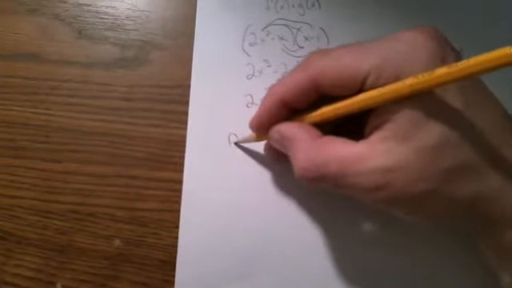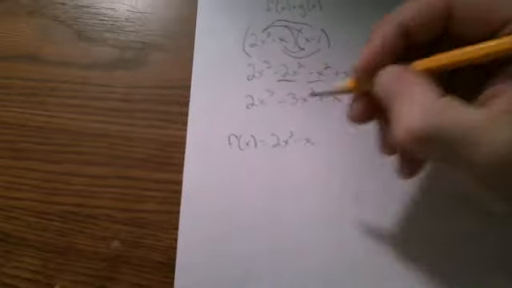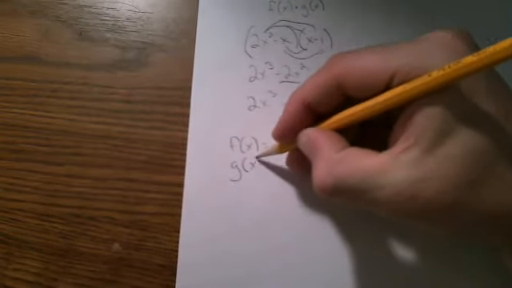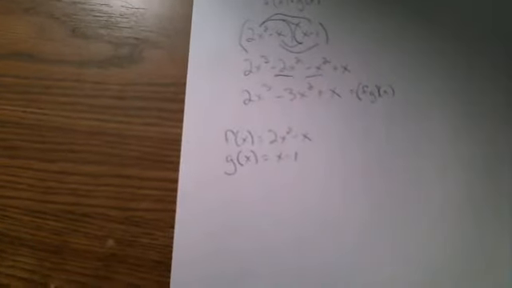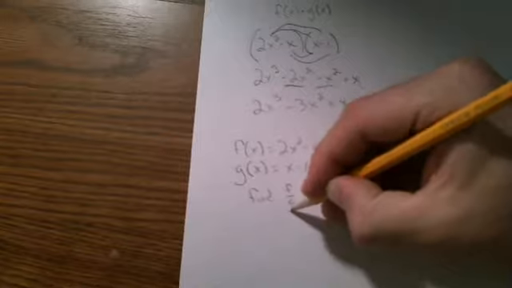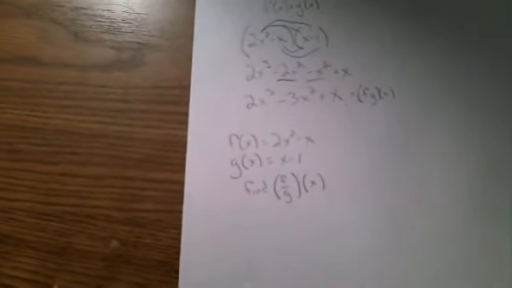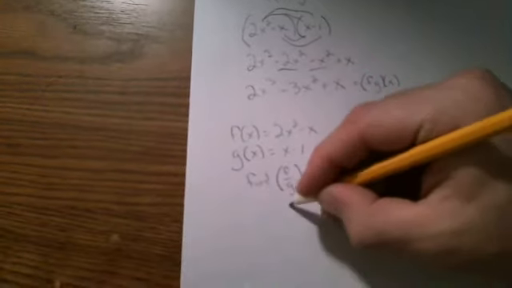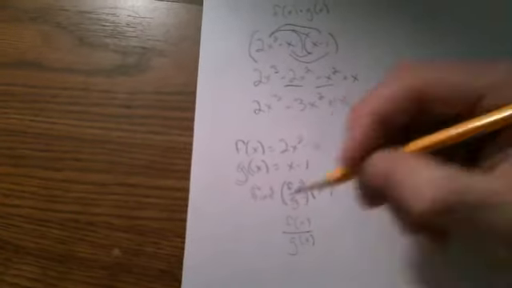And the last operation would be division. So again, let's say f of x is 2x squared minus x, and g of x is x minus 1. Let's find f over g of x. Well, this is just a fancy way to say what is f of x divided by g of x.